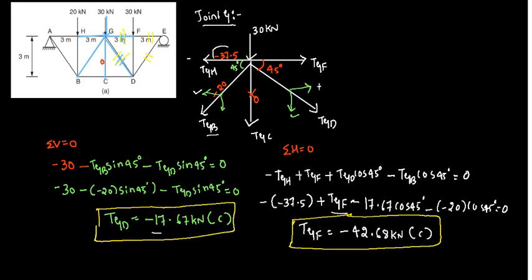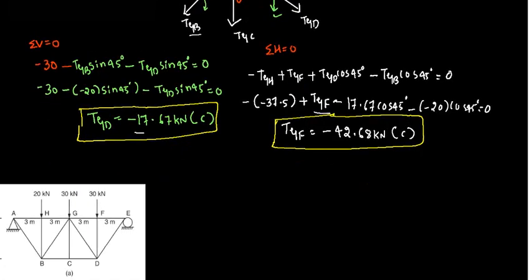So now I am going to consider the next joint. Just observe joint D: CD is known, DG is known, and the unknowns are these two. So I can easily consider joint D and apply the equilibrium condition. So now I am going to consider joint D.